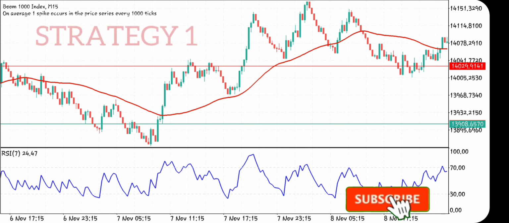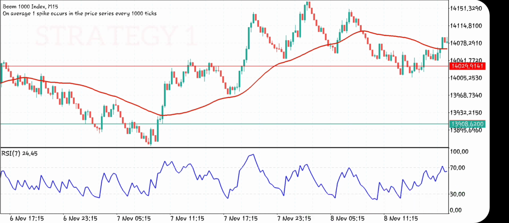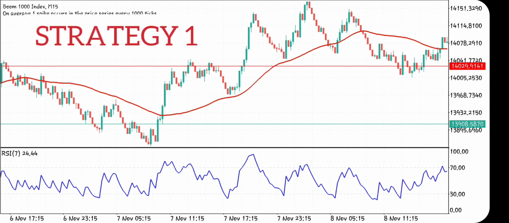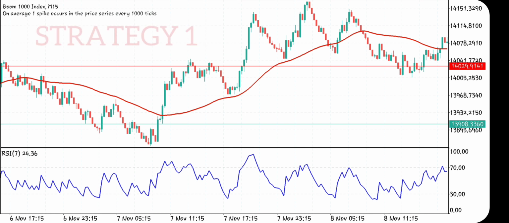When our RSI is turning away from the oversold region, which is our 30 level here, then we join it and we follow the trend up.